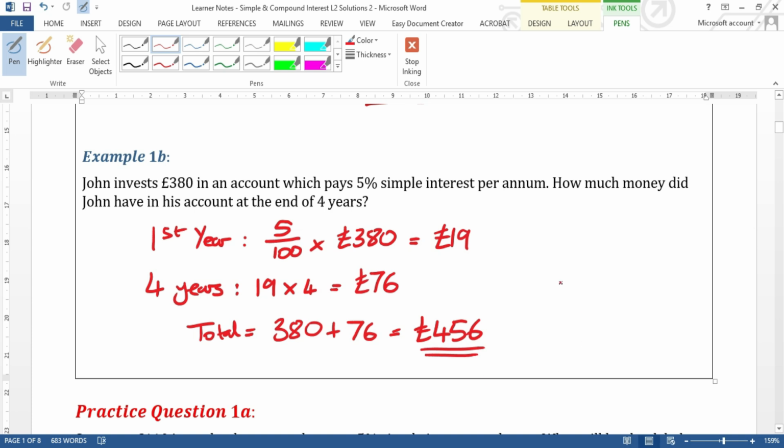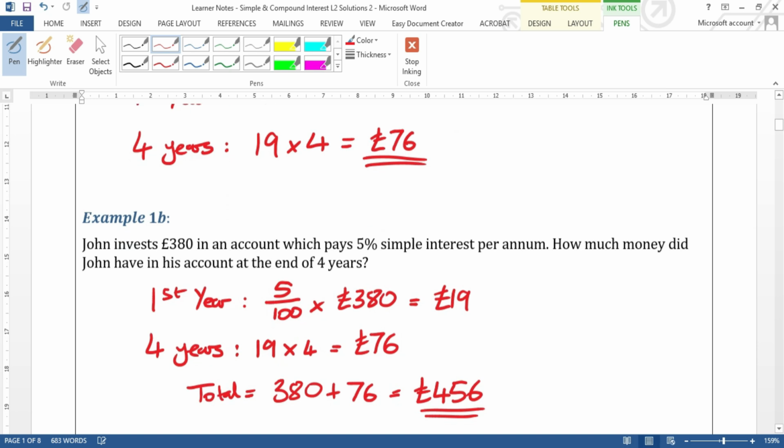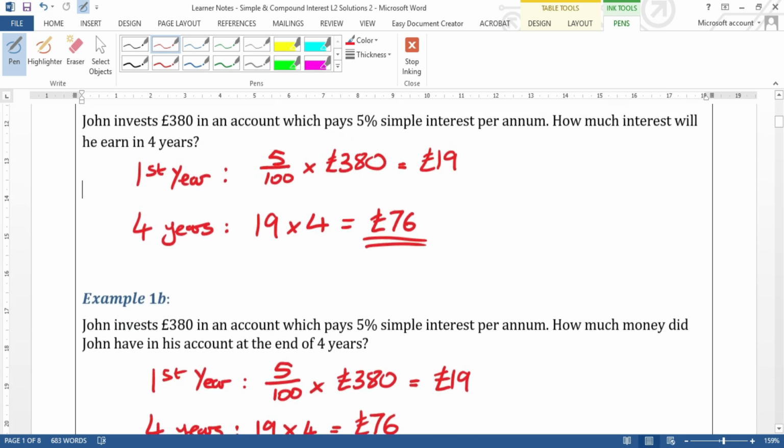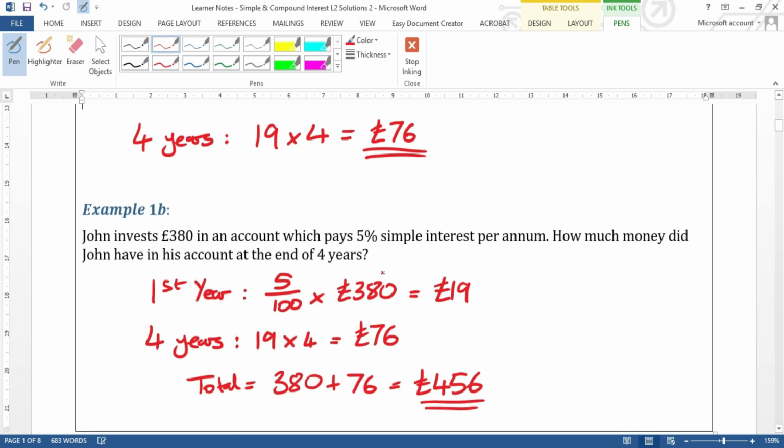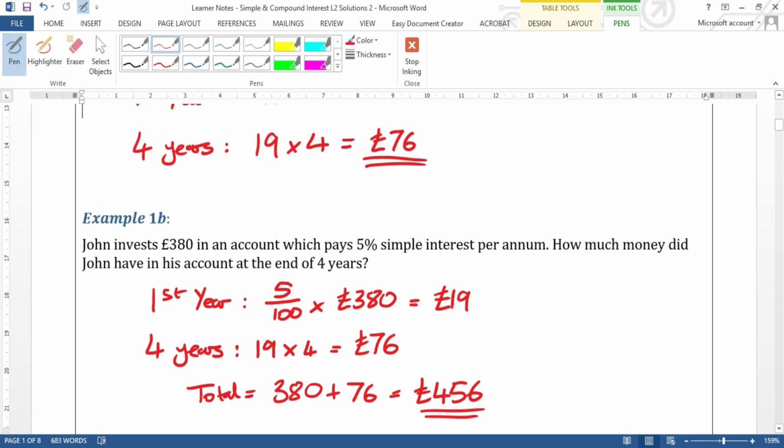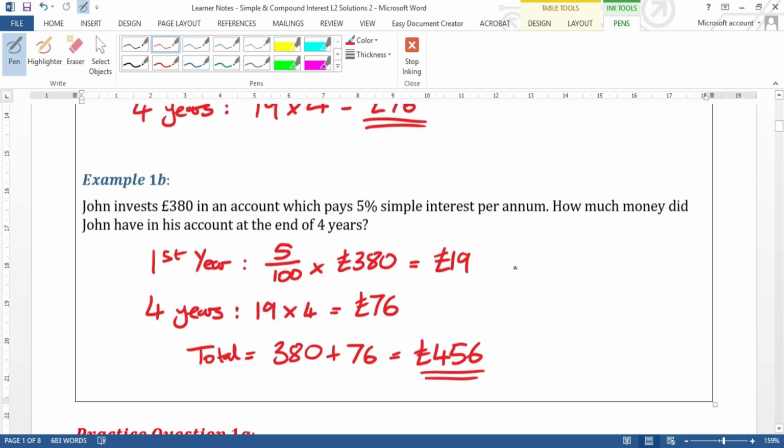So that's the only thing you just have to watch out for. Whether it's asking how much interest did he earn or how much is in his account, that's the only thing you just have to look out for.